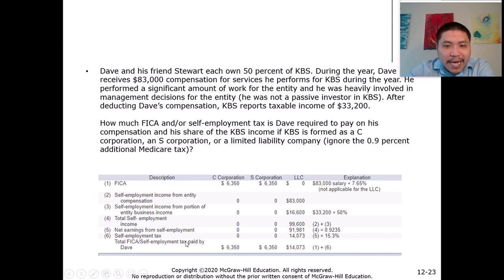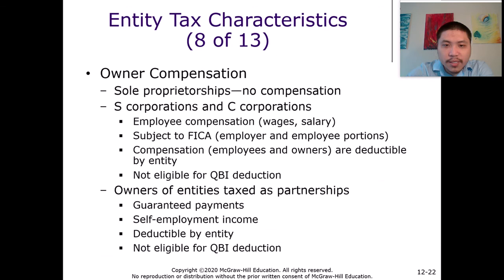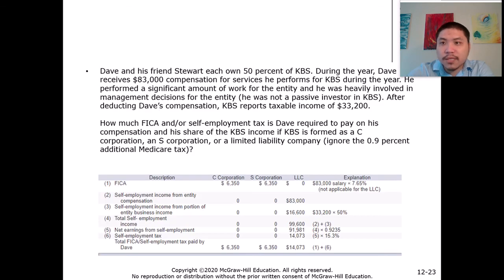First of all, for FICA tax, since they're a corporation, they already take care of the employer portion of the business.